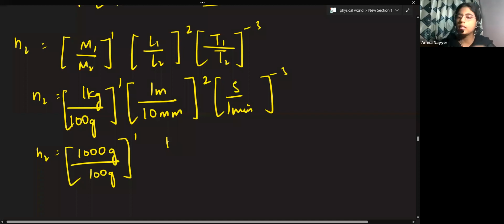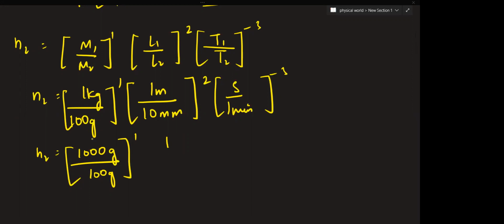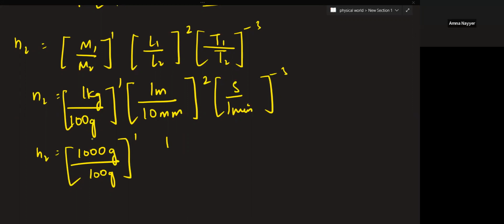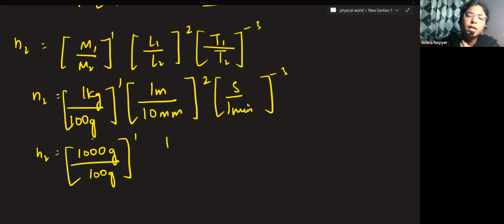You can do one thing. 1 meter can be written as 1000 millimeters, or you can convert 10 millimeters itself into meters. So let's convert 1 meter only into millimeters form, it will become easier for us. Since we are writing everything in CGS, let's write it in the unit only.